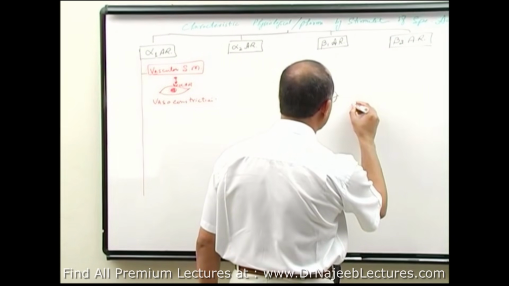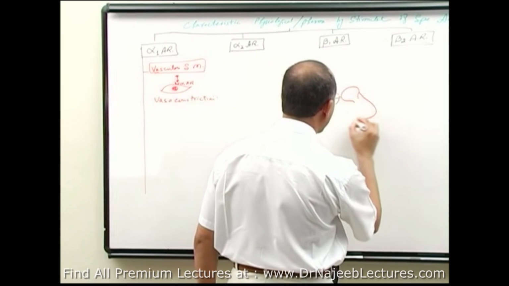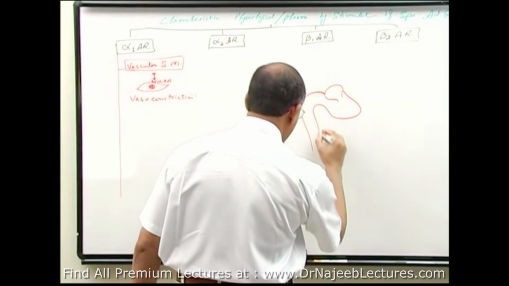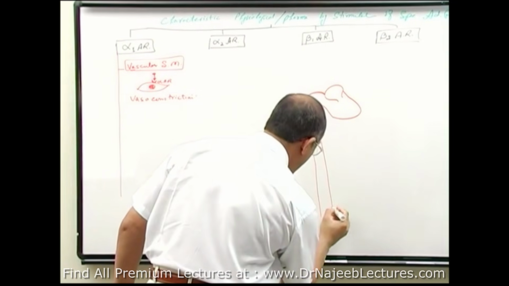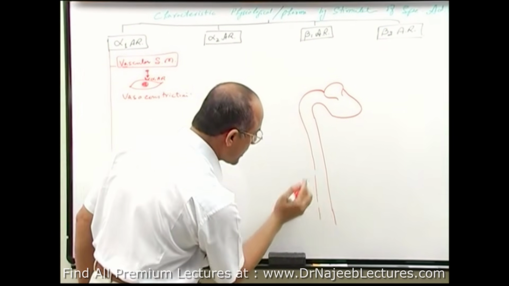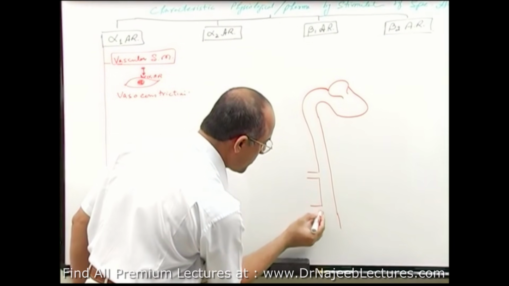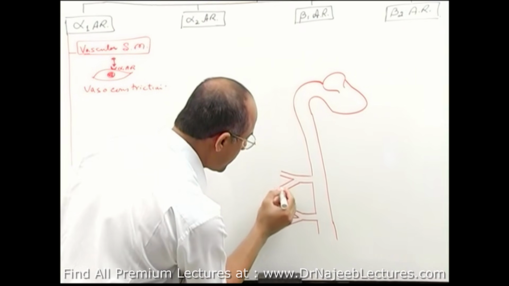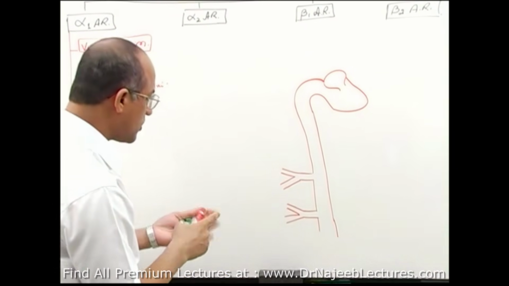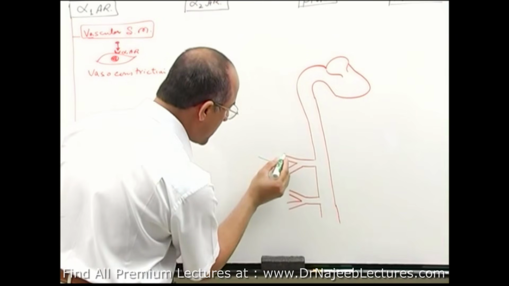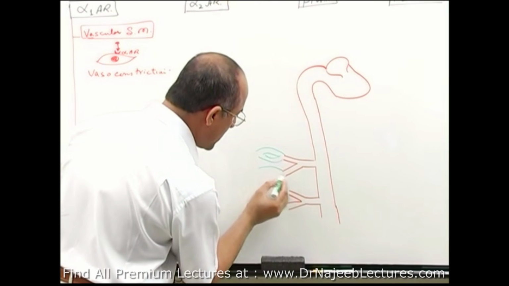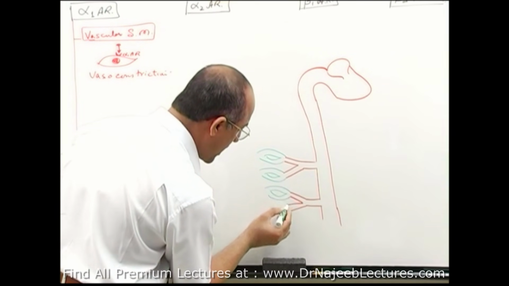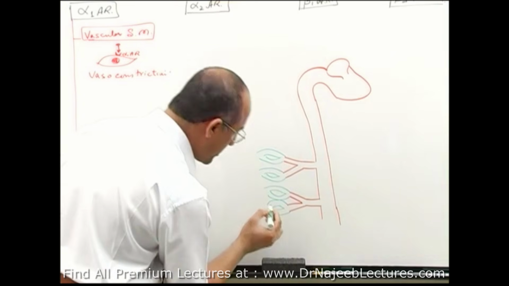Let's suppose here is your beautiful left heart, and from the left heart, this is the aorta and major vessels. And let's suppose from here arteries are coming out and going down into arterioles. I will just draw the cardiovascular system and we'll talk about how alpha 1 stimulation changes different parameters of the cardiovascular system.